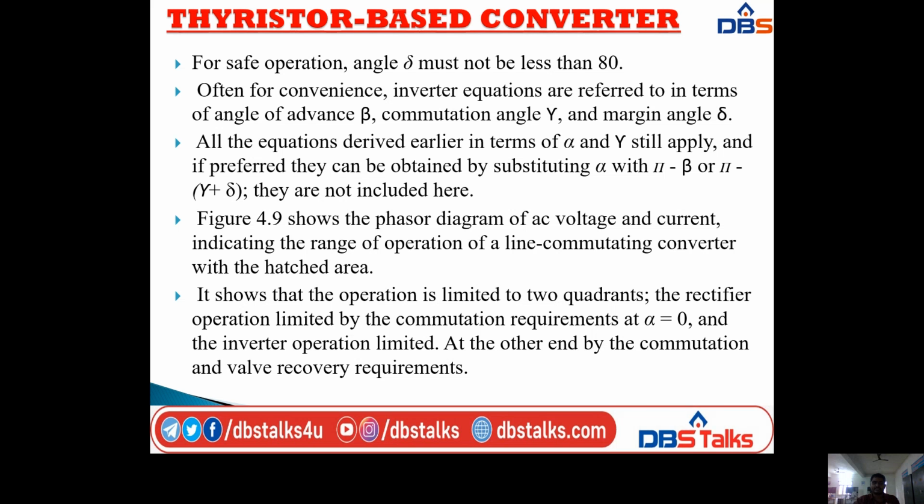So all the equations derived earlier in terms of alpha and gamma still apply, and if preferred they can be obtained by substituting alpha with pi minus beta or pi minus of gamma plus delta. They are not included here, but I will show one more diagram.